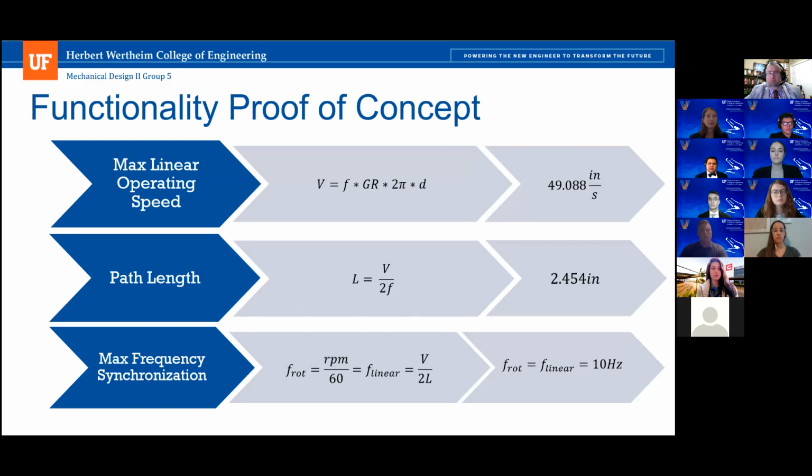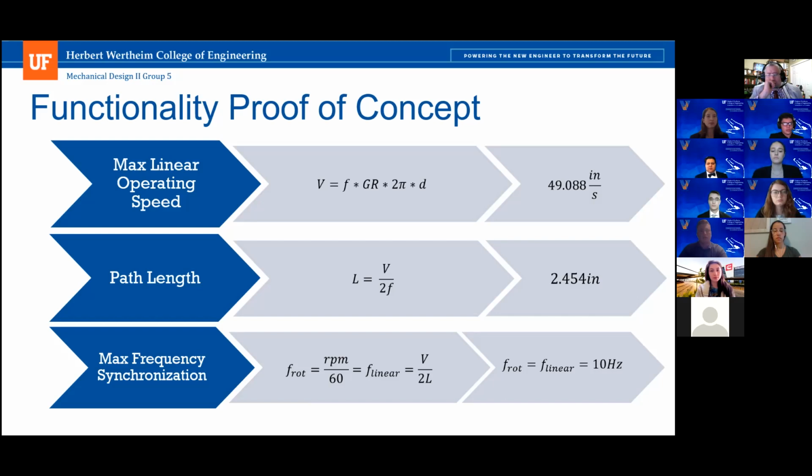For a proof of concept, the first calculation we made was to find the maximum linear operational speed of the shaker, which was found to be 49.088 inches per second. This basically tells us how fast the shaker can travel along the rail. Using the results and an operating frequency of 10 hertz, we calculated the path length.